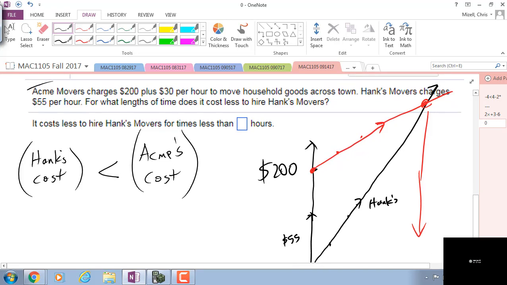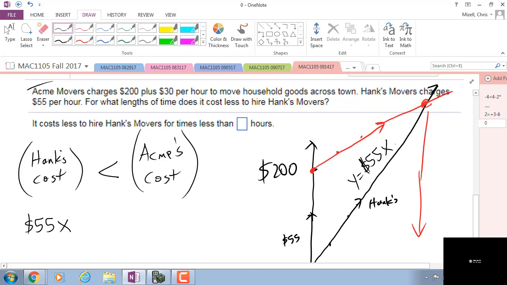So Hank's cost, if x is the number of hours, is $55 times x. And that's what I was trying to graph right here: y equals $55 times x.